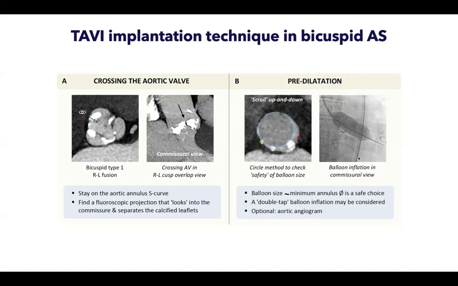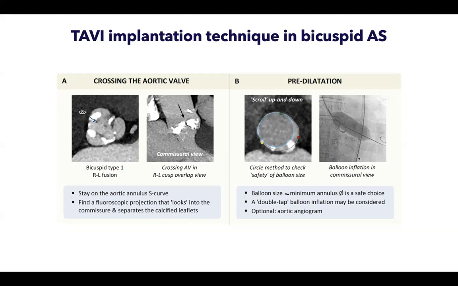So if I have a type 1 right non-fusion, fusion of the right coronary cusp and the non-coronary cusp, I'm going to work my entire procedure almost in the right non-cusp overlap view, which is the LCC isolation view, which is an LAO cranial. So depending on your anatomy, I work in very different angles, but you have to understand in which angle. Also if it's a type 0, you can perfectly calculate from your CT the fluoroscopic angle.